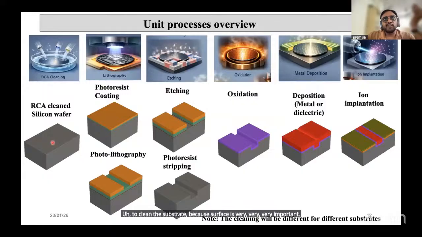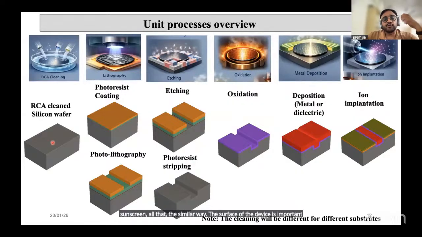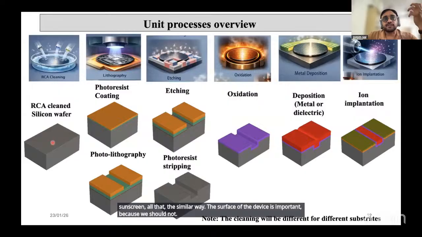The same way how we do face wash and apply moisturizers, sunscreen, all that, similarly the surface of the device is important, because we should not have any defects on the surface.